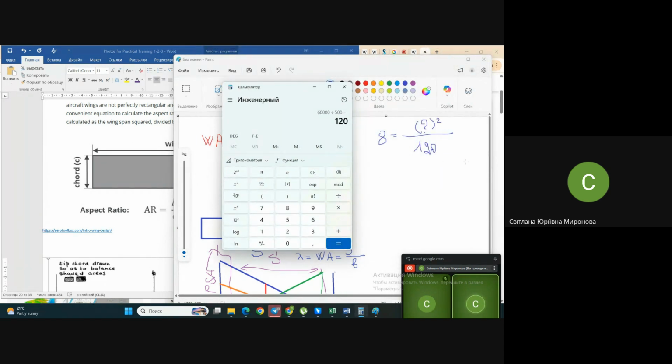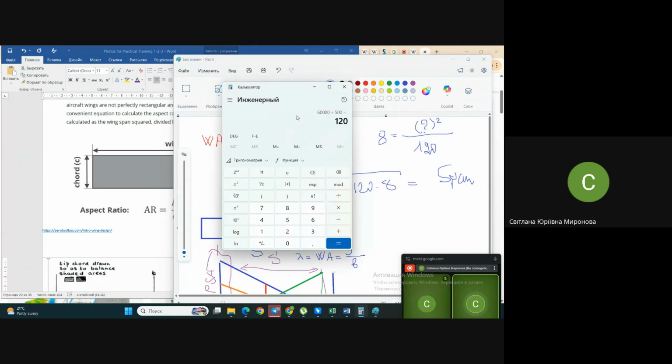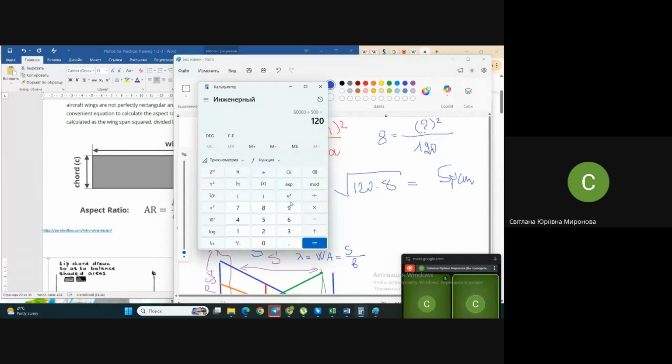It should be rewritten as 8 multiplied by 120, the span squared. The arithmetic is simple, and the value is simple, but I do not remember the square root of this value. So we'll try to find it here. We multiply 120 by 8.